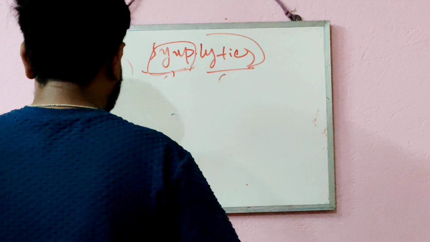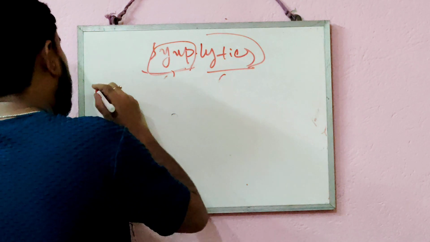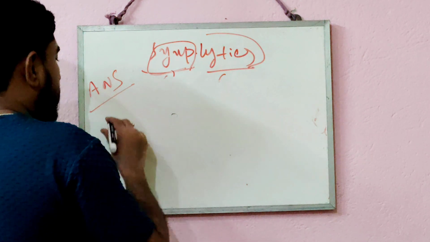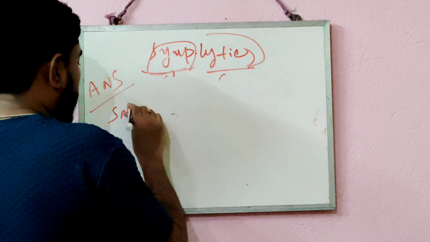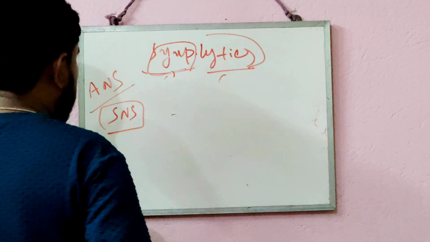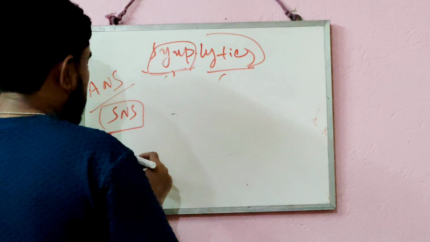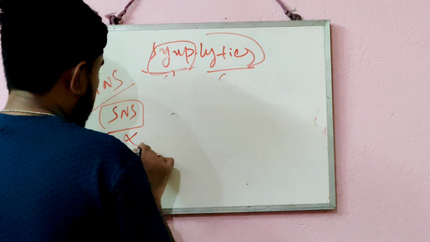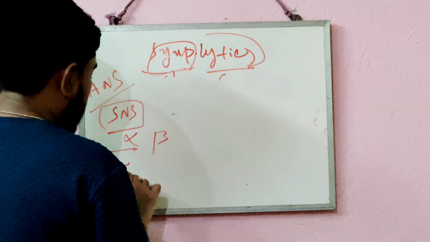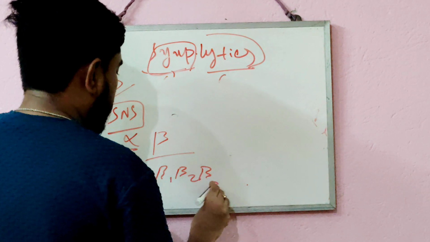In the introduction class of the autonomic nervous system, I discussed the different receptors. The important topic for sympatholytics and sympathomimetics is the sympathetic nervous system, where we studied two types of receptor: alpha and beta. Alpha has alpha 1 and alpha 2, and beta has three types: beta 1, beta 2 and beta 3.